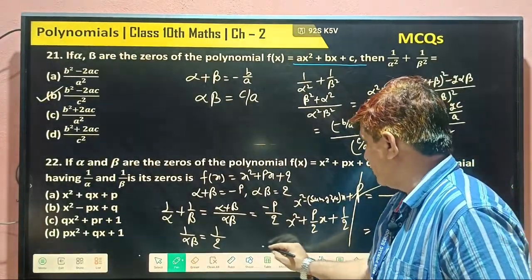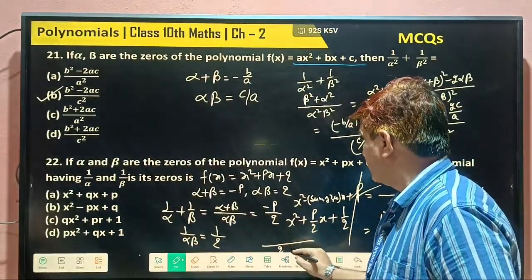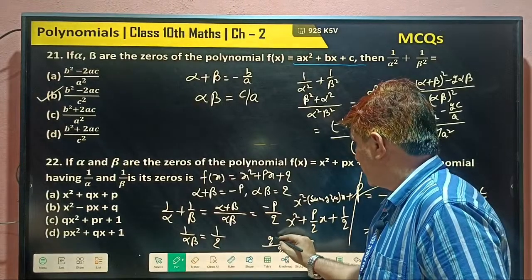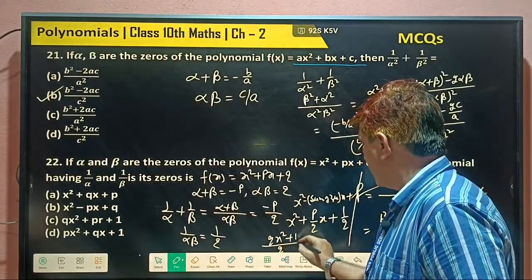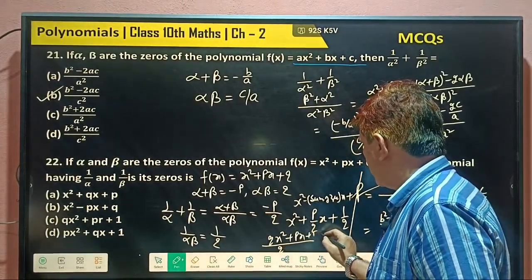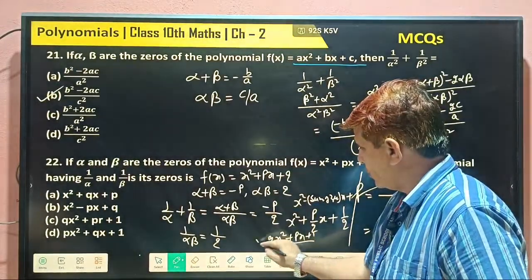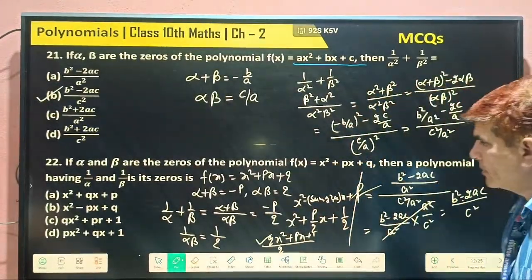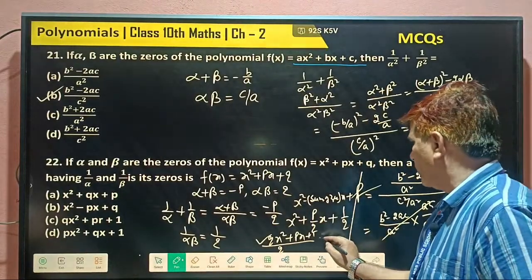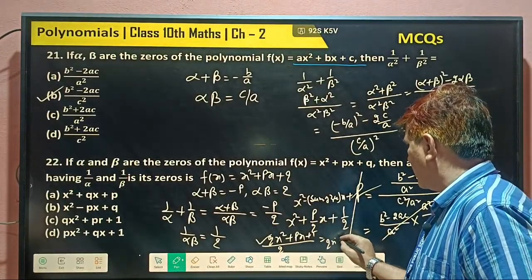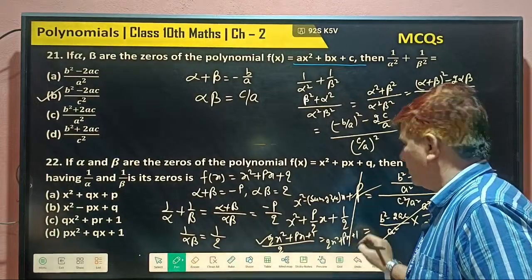So what's your LCM? q is your LCM. So it becomes qx square plus px plus 1. Already I told you this. So we can write it as qx square plus px plus 1.